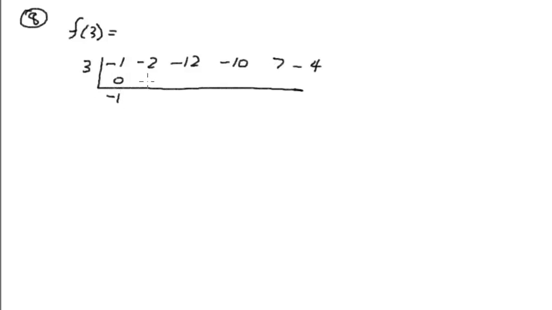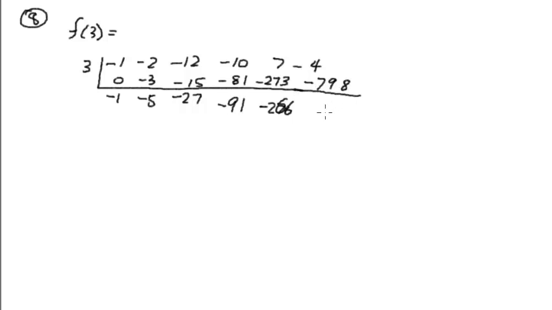So 0, negative 1, negative 3, negative 5, negative 15, negative 27, negative 81, negative 91, negative 273, negative 266, and then this will be negative 798, and then that'll be negative 802.